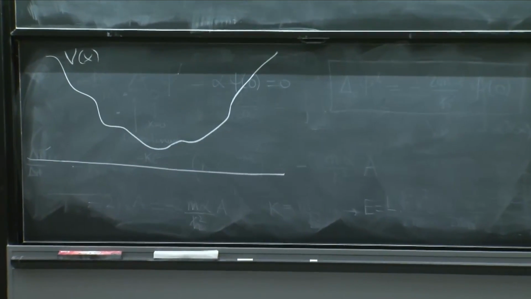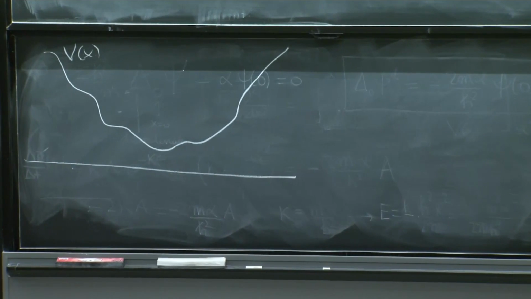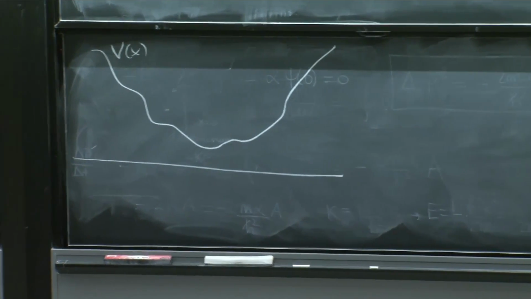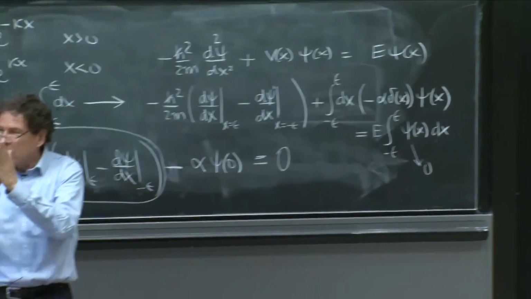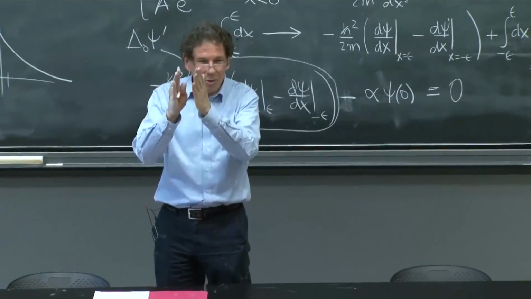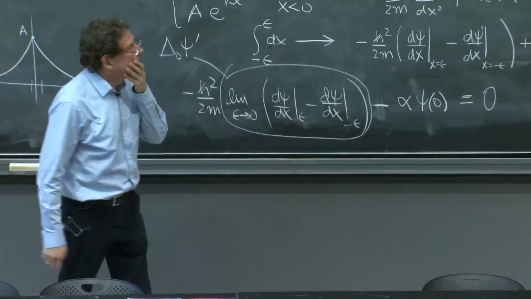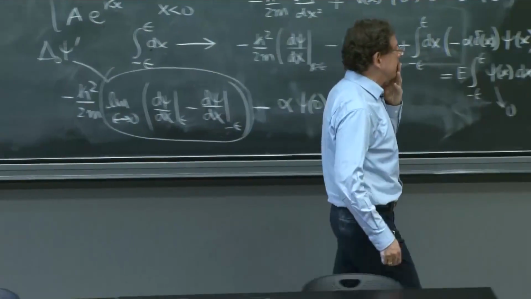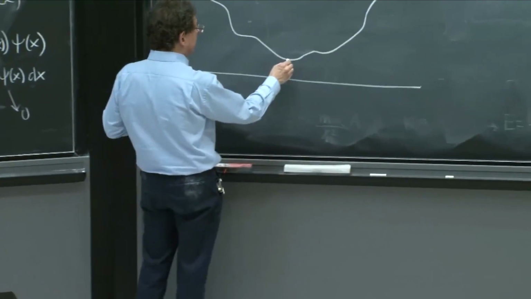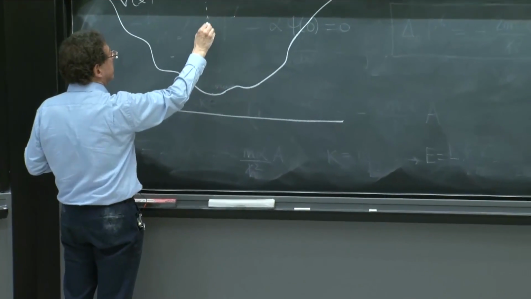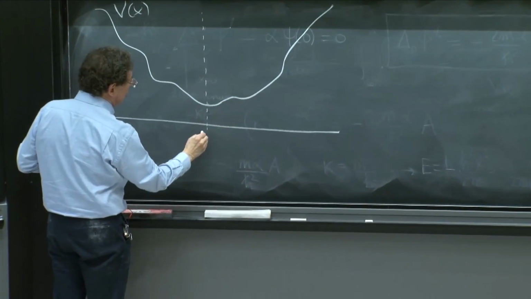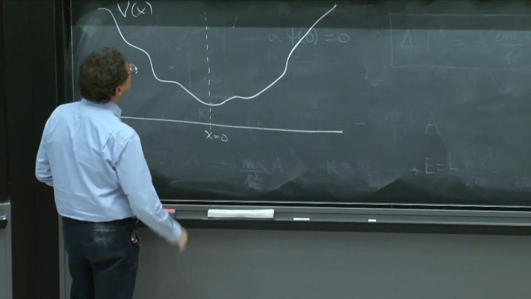And I want to argue that this potential will have bound states that will have no node, one node, two nodes, three nodes. How could I argue that? Well, I would do the following. Here is the argument. Identify the minimum here. Call this x equals 0.